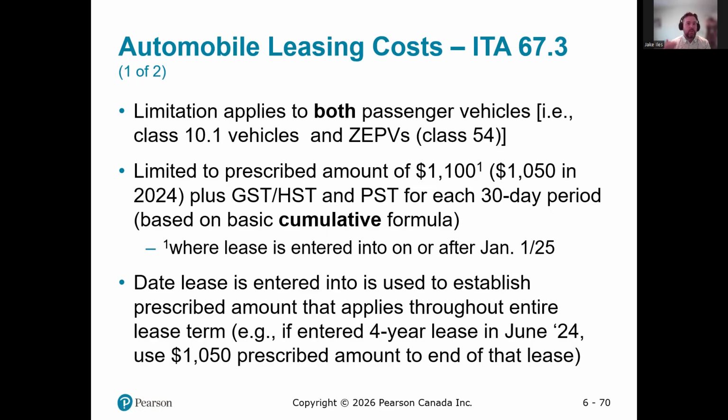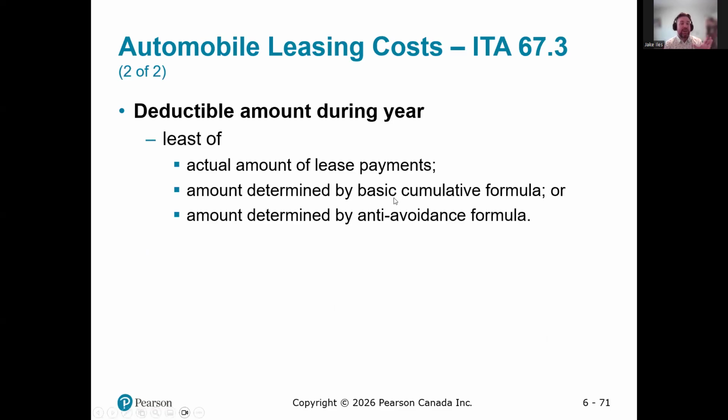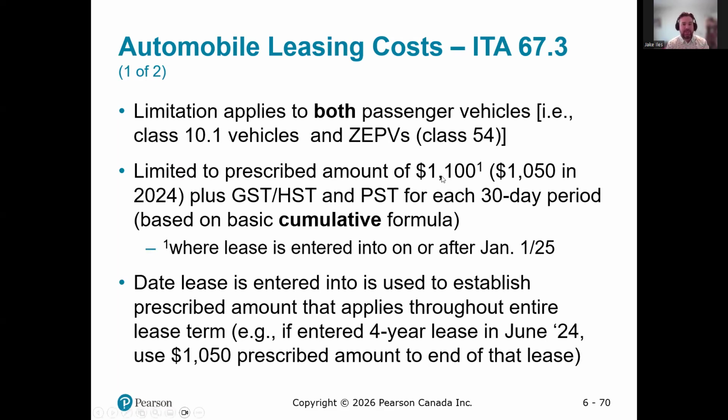If I have a lease that's weekly or bi-weekly, or maybe I pay once every 6 months, it's hard to say what the monthly amount is, or at least it has to be corrected back to that monthly rate. So the cumulative formula takes how much you've paid, converts it to the monthly equivalent time that has passed, and applies that limit rate. This is going to be very obvious once you see it in play.